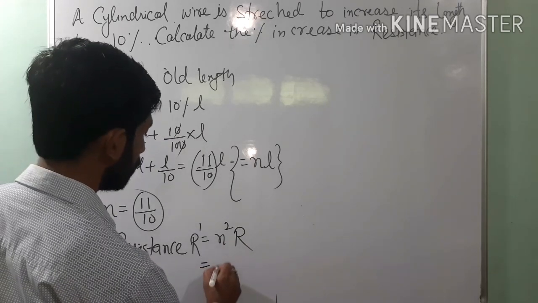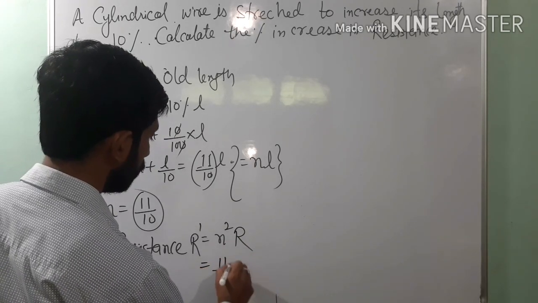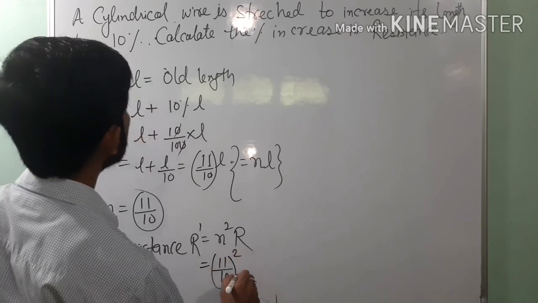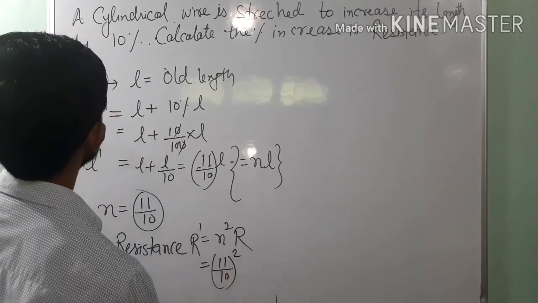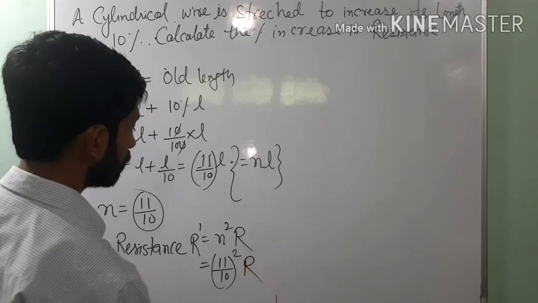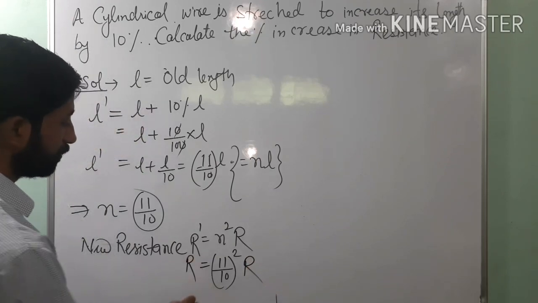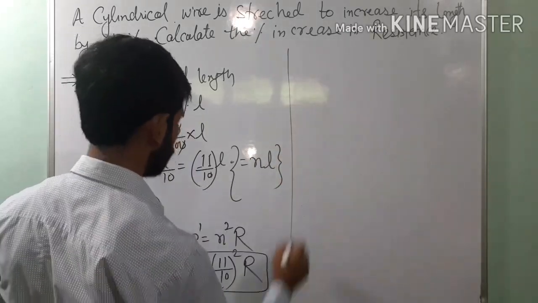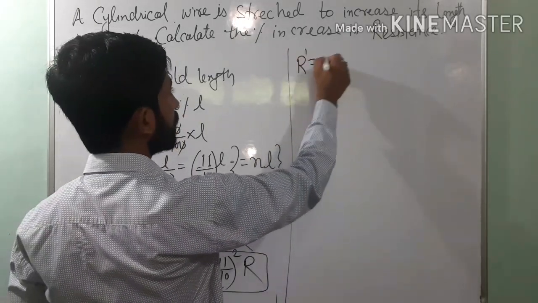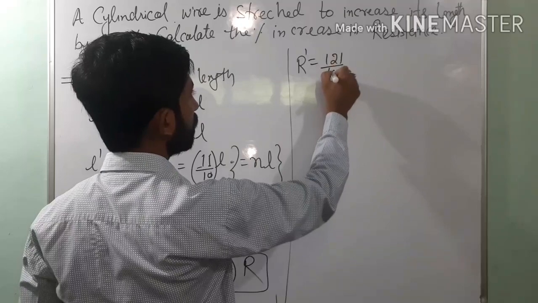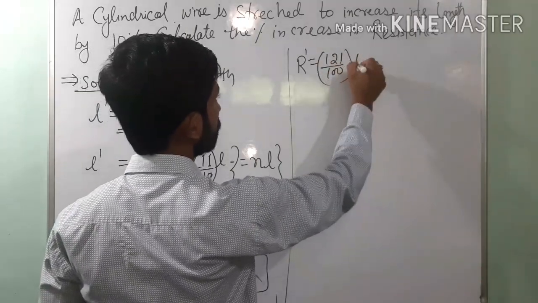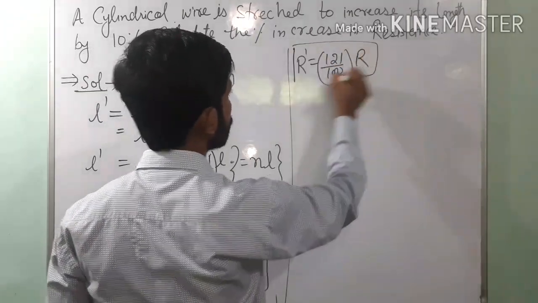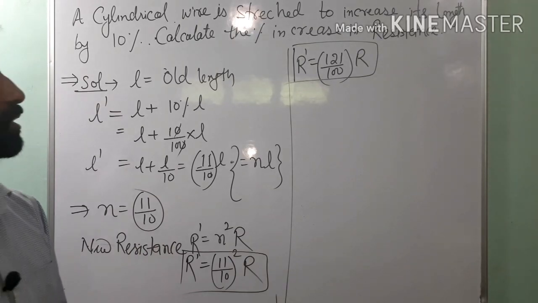So n square is equal to 11 over 10 square. R is not given. So R dash is equal to 121 over 100 times of R. So this is the new resistance calculated.